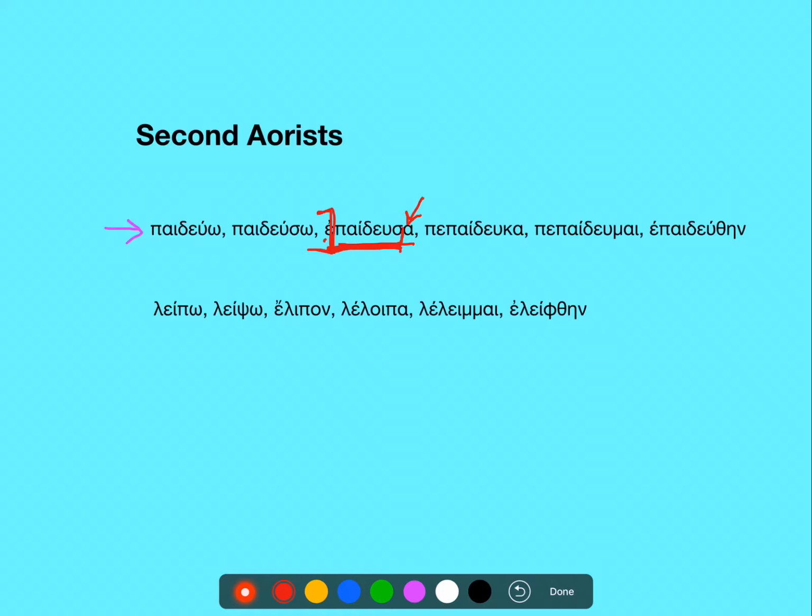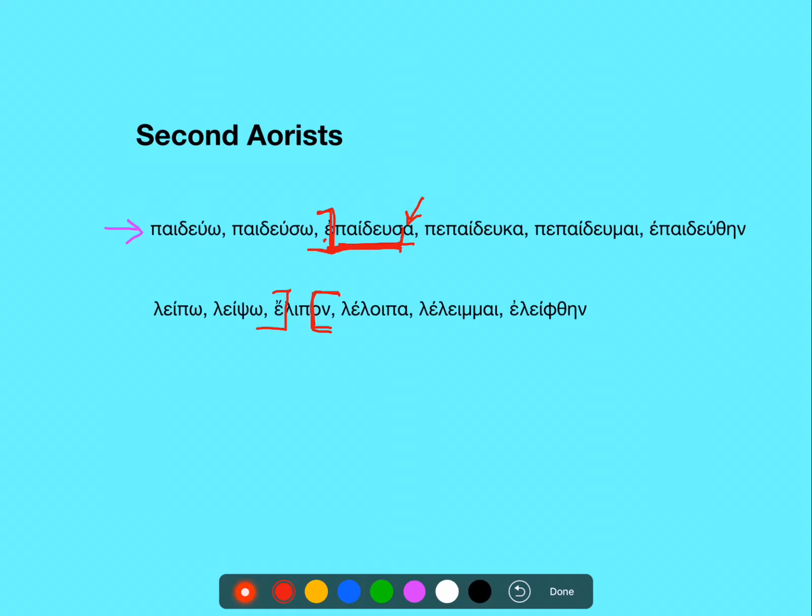Verbs that have a second aorist, like leipo, leipso, elipon, which means to leave or abandon, their third principal part's going to look different. It's still going to have the augment, but the endings, and that's the first person singular aorist indicative active, just like the third principal part of paideuo, its endings look just like the imperfect indicative active and imperfect indicative middle endings we've already known in the indicative.